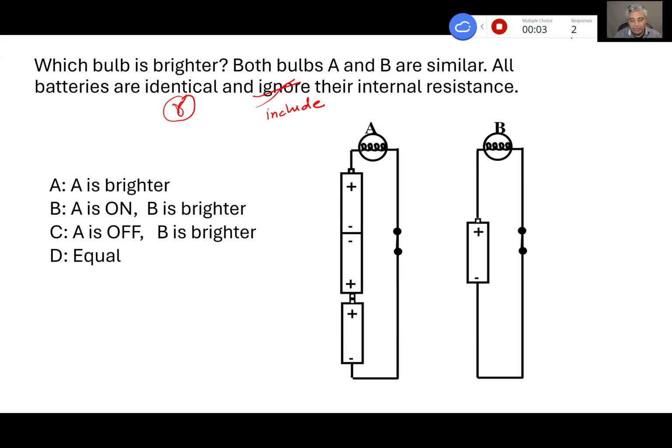So this time you have a minute to answer this question. Thirty more seconds.